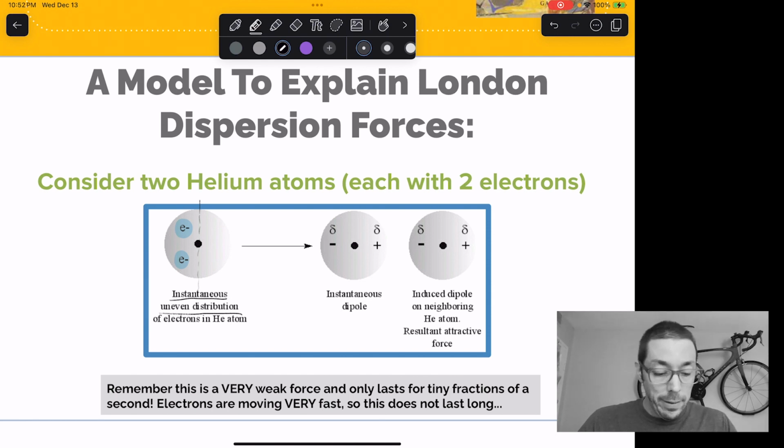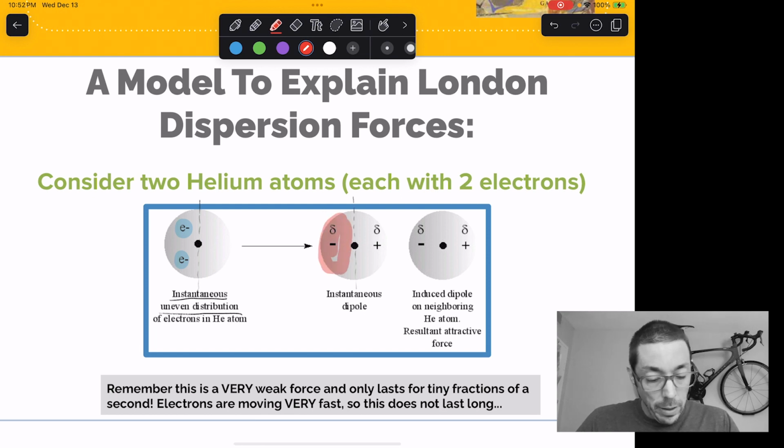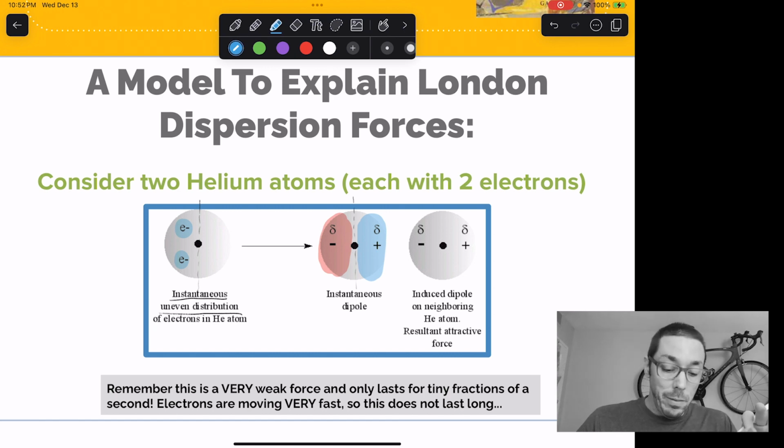So at that exact instant, it means that, again, if I split this in half, the left side is more negative and the right side is more positive because the left side has 2 electrons and the right side has none. So that's at that exact instant, right? Electrons fly around so fast, but at that exact instant, we have a little bit of a dipole, a polar atom.